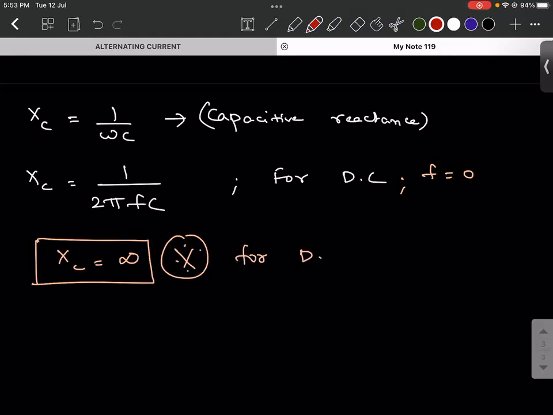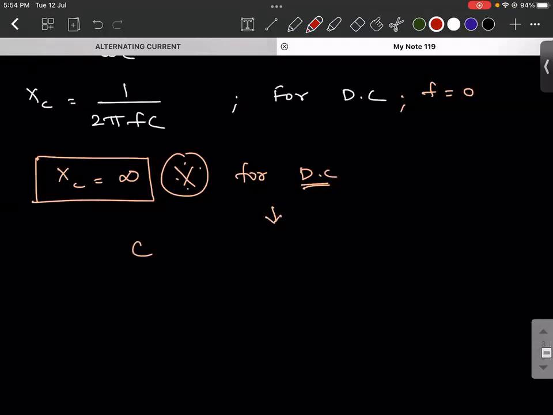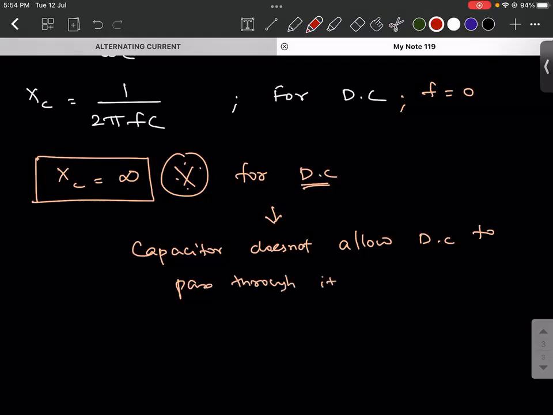For DC, a capacitor will never allow DC to pass through because it will offer infinite resistance. This is a very, very important point. This concludes that a capacitor does not allow DC to pass through it. Is the point clear?